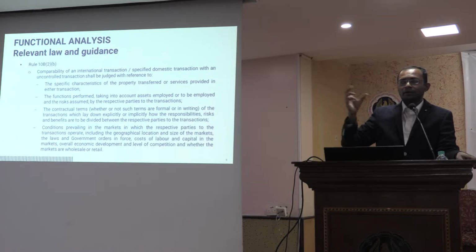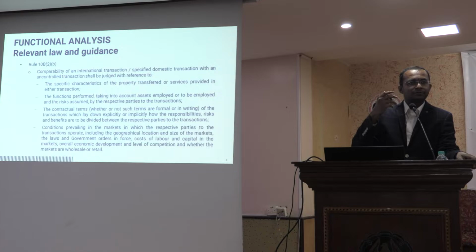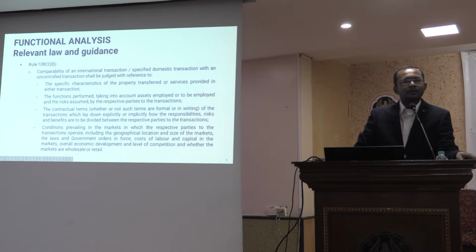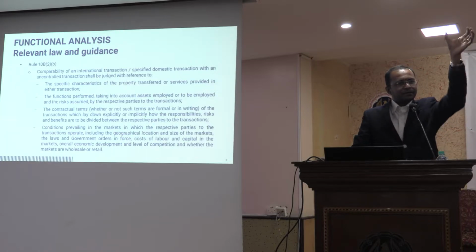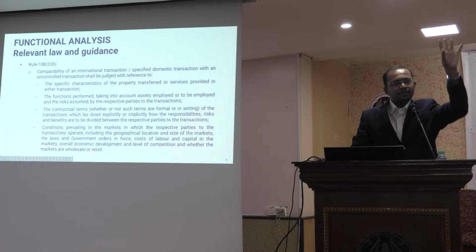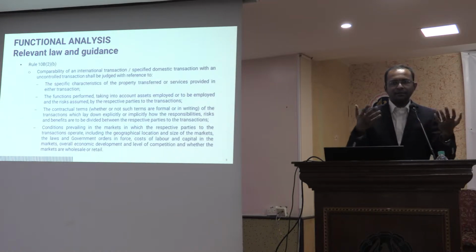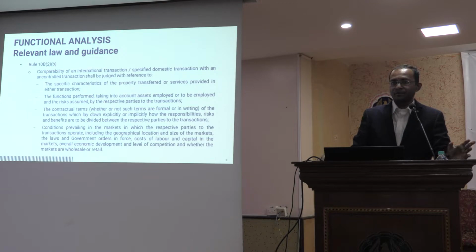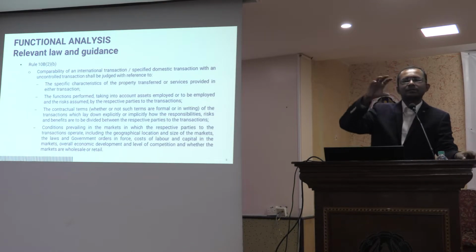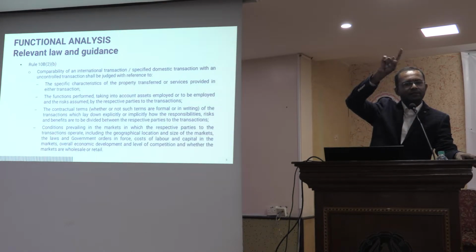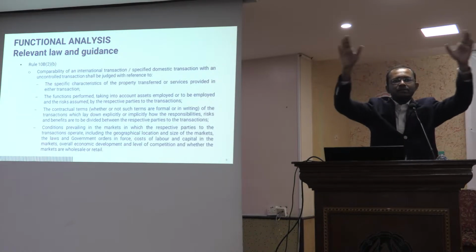Let's take a more concrete example of, say, manufacture of spare parts which go into automobiles. So, if the Indian company is supplying spare parts to its parent company who is engaged in the manufacture of automobiles, there, if we ask this question, what are the characteristics of this transaction? We have to examine a little further. What questions do we ask? The questions that we ask are, okay, so this Indian company is selling spare parts to its parent company. What does the parent company do? The parent company manufactures the entire car.